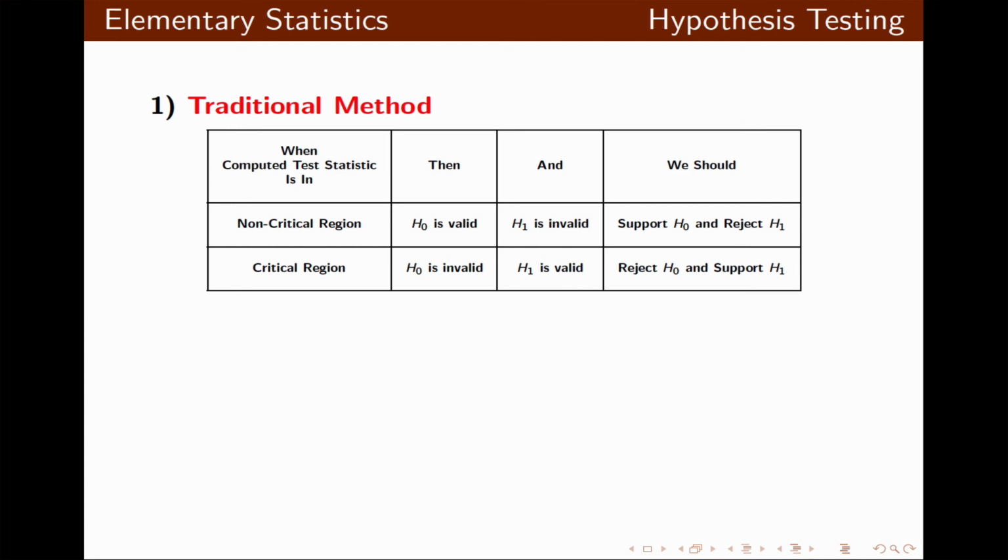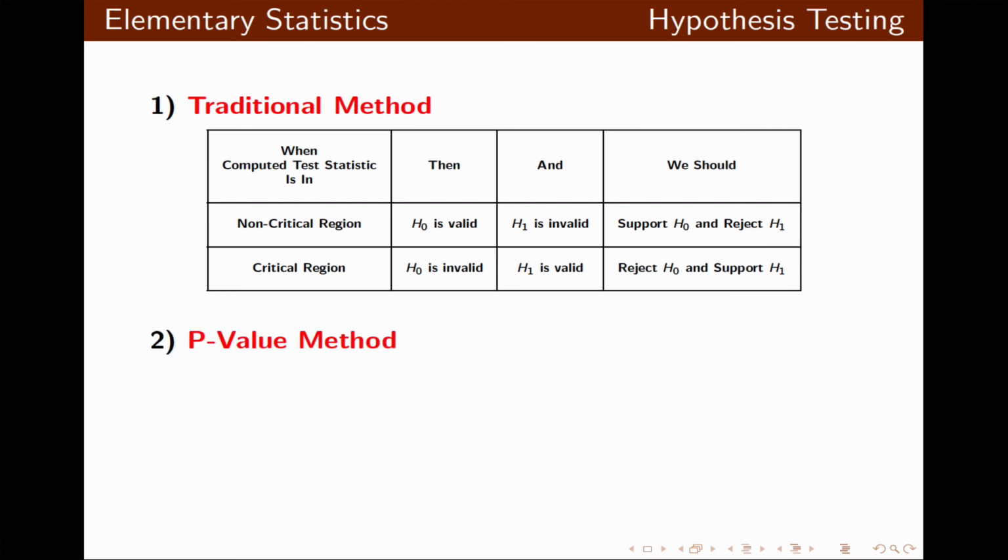But when the test statistic falls in the critical region, then H0 will be invalid and H1 will be valid. When H0 is invalid, we reject it, and since H1 is valid, then we support it.